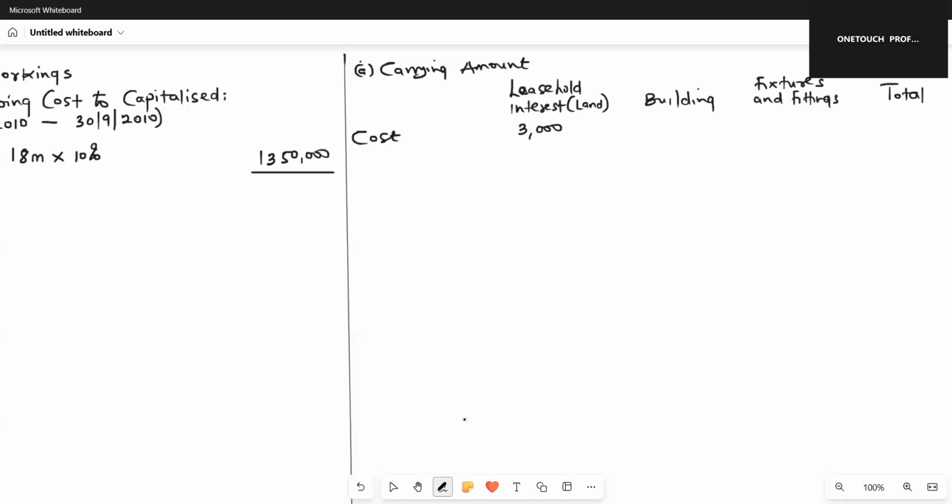What is the cost of the building? 9 million. I should be writing them in full, right? So that you don't face problems.